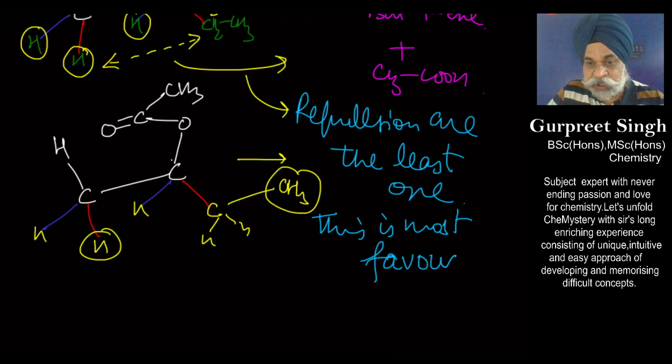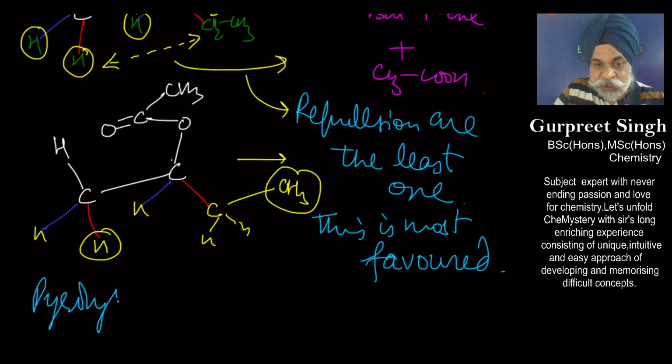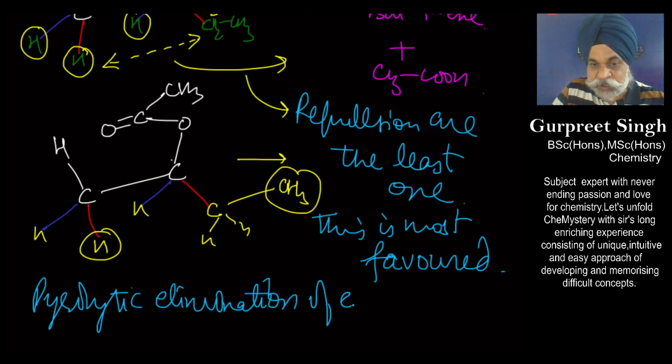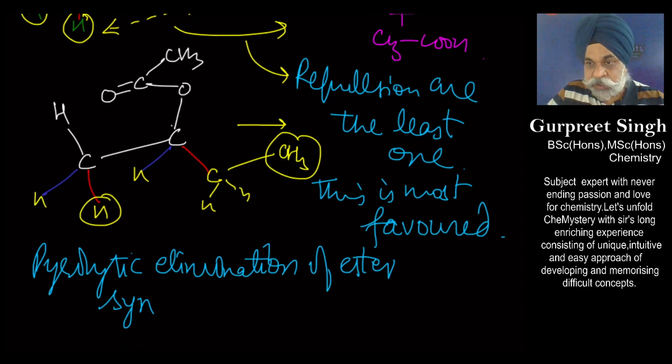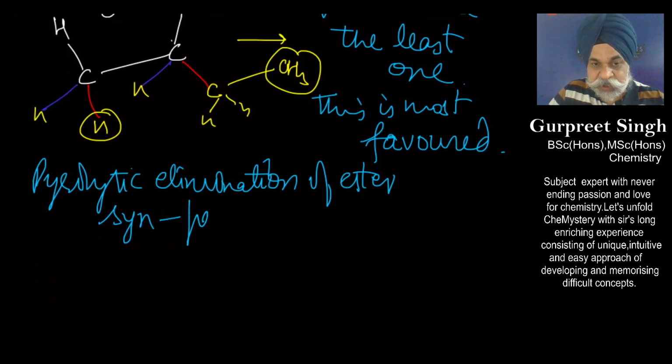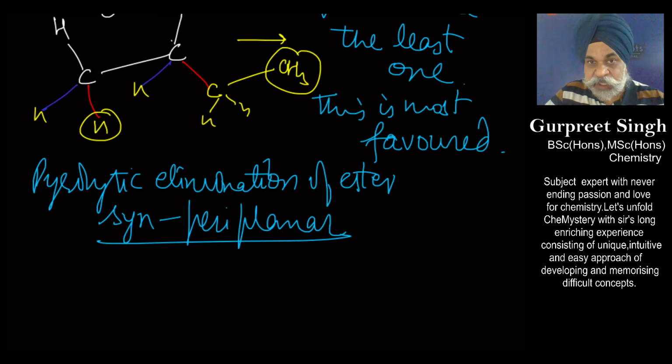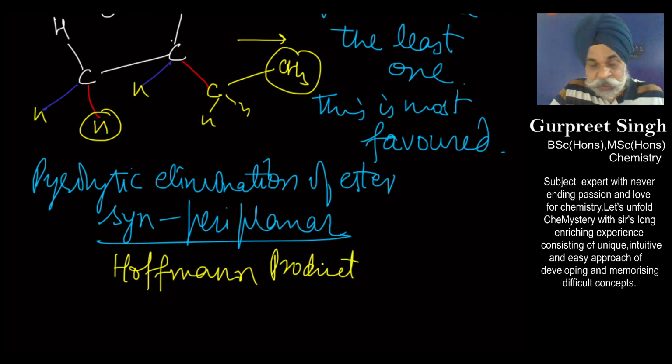So this is most favored. We would be concluding it like this, that pyrolytic elimination of esters do adopt syn periplanar geometry, and it would give you an alkene which is in accordance with Hofmann product instead of Saytzeff. Hofmann product is the one where the reaction has possibility of formation of more alkylated or less alkylated alkene.